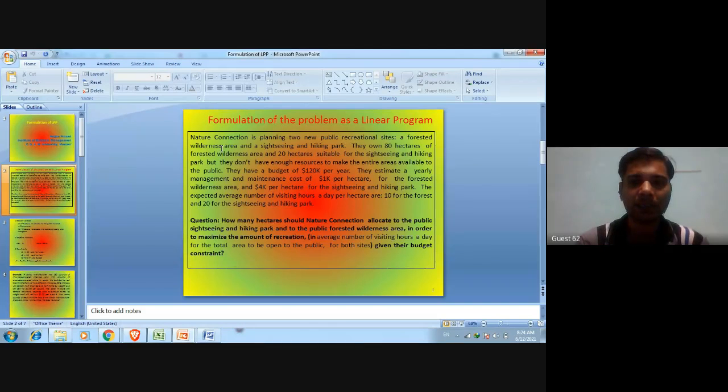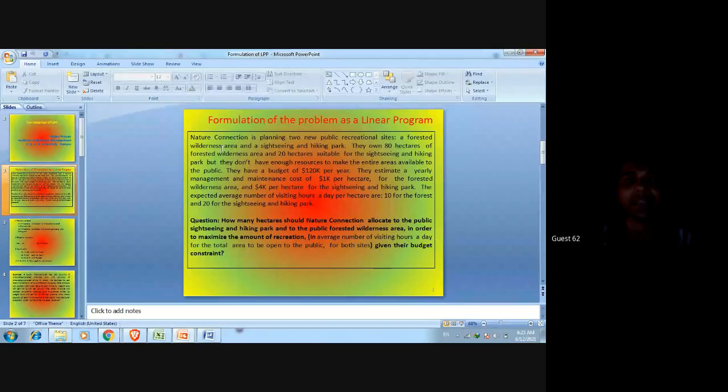One is related to forest area and one is related to your hiking park. They own 80 hectares of forested wilderness area and 20 hectares suitable for a sightseeing park. That means in total they have 100 hectares, of which 80 hectares they can use for forest area and 20 hectares they can use for your sightseeing park.